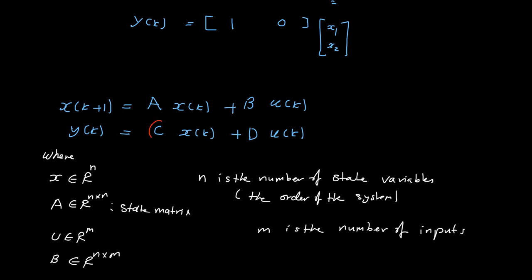Now C, if we need to find a dimension, let's assume that Y is an element of R^Q, where Q is the number of outputs.